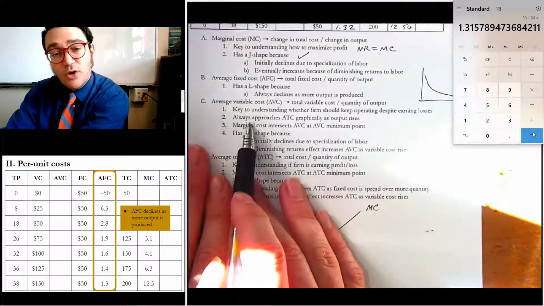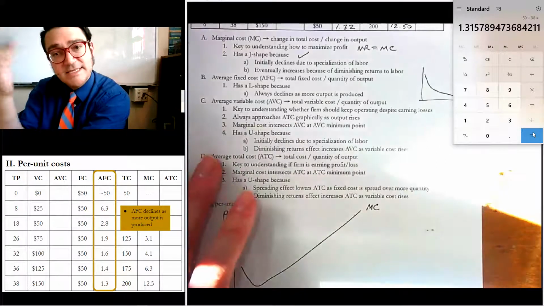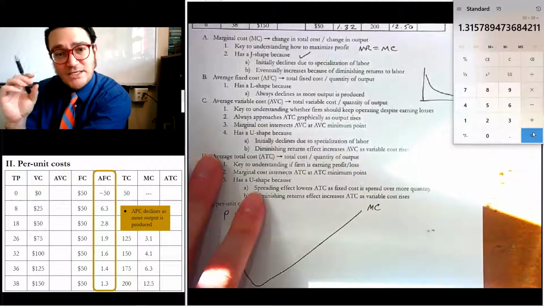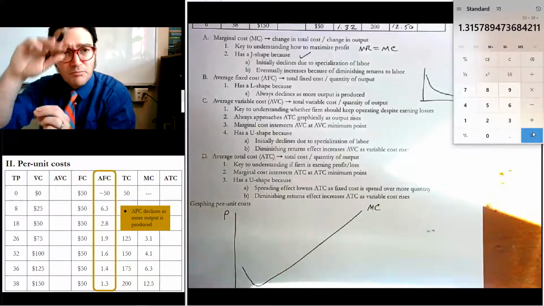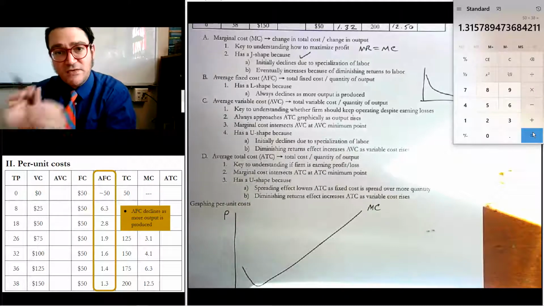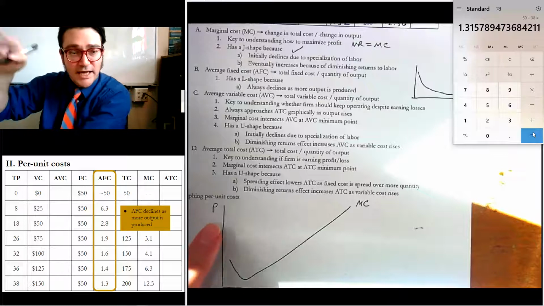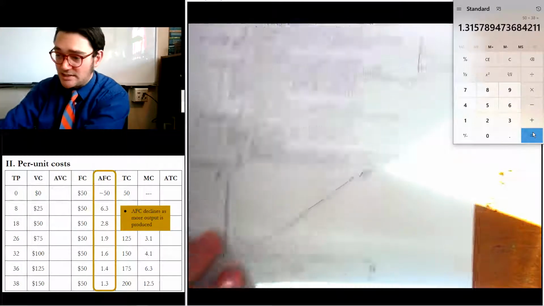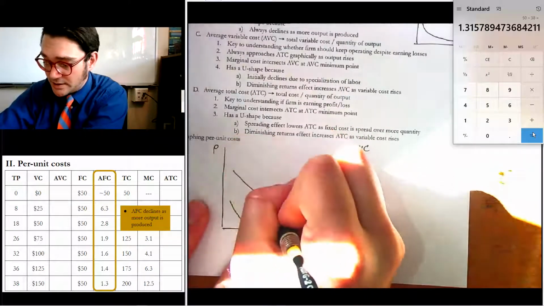We're going to note that it always gets closer and closer to ATC graphically as output rises, but it's never quite going to touch. We're also going to note that marginal cost is going to come right through the minimum point of the AVC. And it's going to have a U shape. So it's going to go whoop, just a U. And right through the bottom of that U is going to be this marginal cost curve. So I'm going to go ahead and put that one on here. It's going to come down.